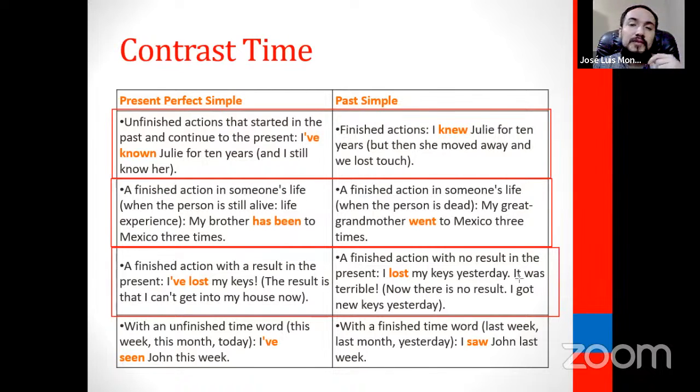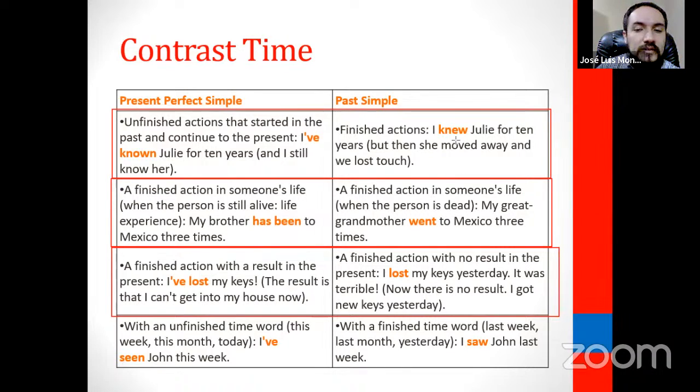But if you analyze what happens with the simple past, it's the same idea, a finished action, but there's no result in the present. It happened in the past and it finished in the past. So, for example, with no result in the present: I lost, not I've lost. I lost my keys yesterday.